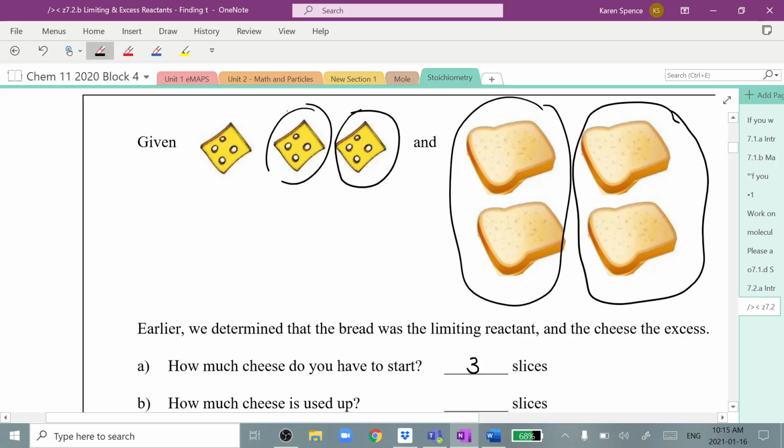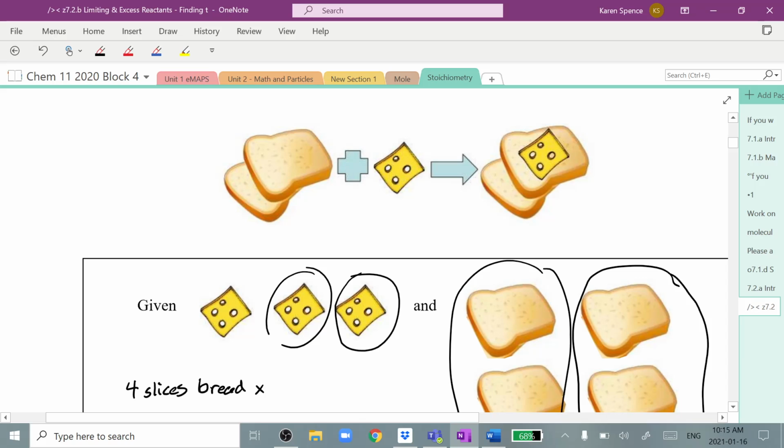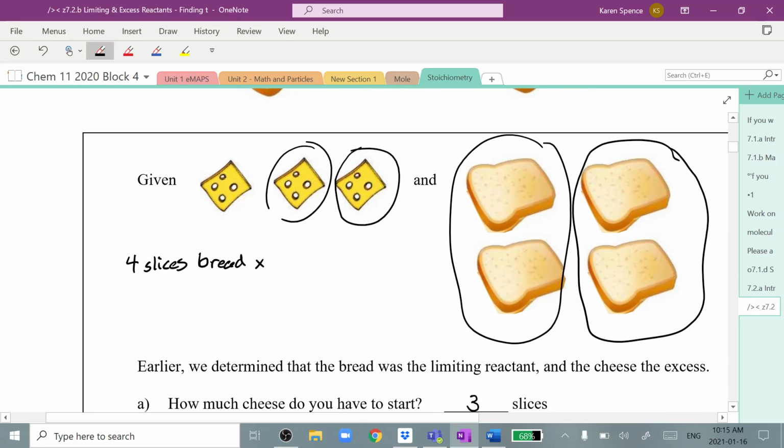And if you wanted to show the work for that, you could say, okay, I have 4 slices of bread times, and remember, there are 2 slices of bread per 1 slice of cheese, so there's 1 slice of cheese per 2 slices of bread, and we get 2 slices of cheese.